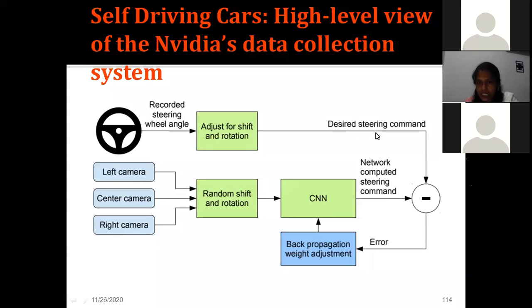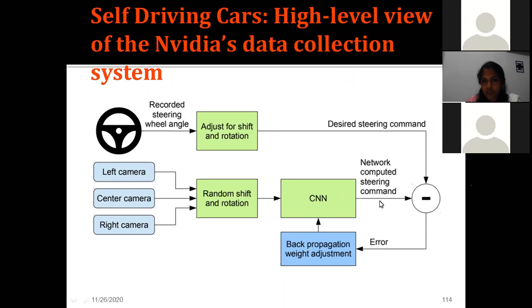The desired steering command would be the manual information. Based on the manual driver, we have got the information. Now we need to find out the difference, and based on the error, using backpropagation weight adjustment, we are updating the weights such that this automatic steering command would be improved.